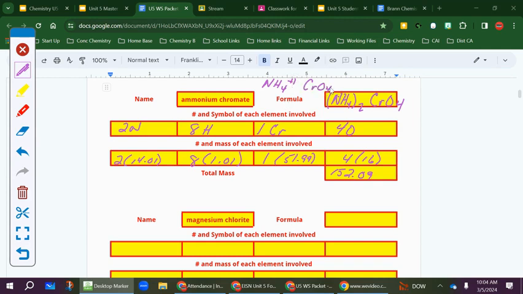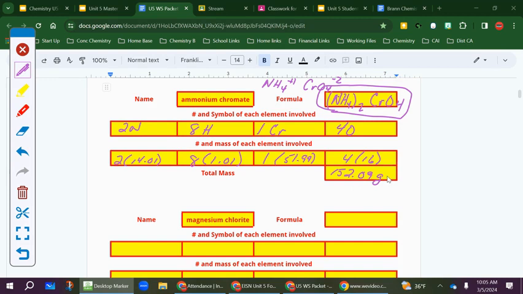CrO4, which is chromate on the back of your sheet, is a -2. So that 2 goes down by the NH4. The 1 comes down by the CrO4. That's what I mean by you have to write a good formula first. This is a good formula. Your charges are balanced. The total charge on this compound is 0. Now, when you do this, you're going to get the correct formula mass.